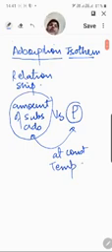So what will be the definition of the adsorption isotherm? It is a relationship between the amount of substance adsorbed with respect to pressure at constant temperature.